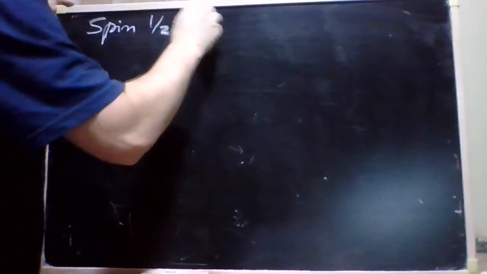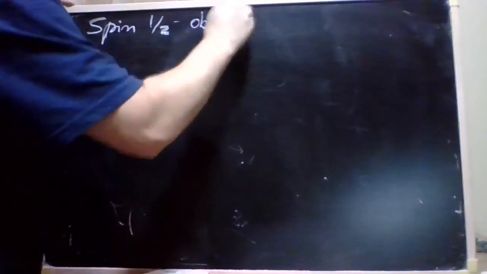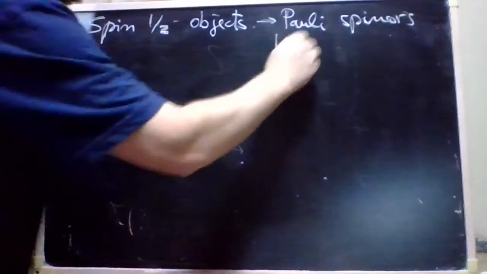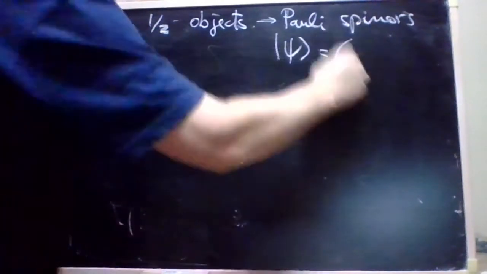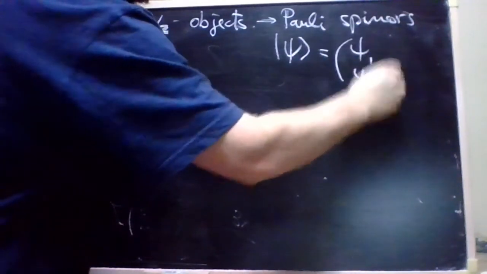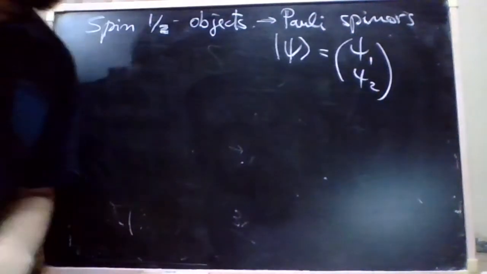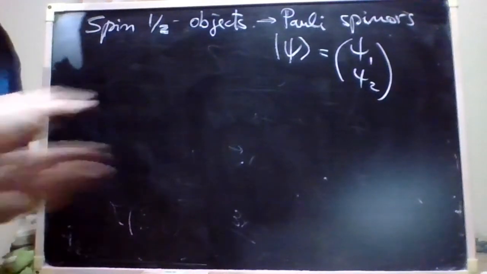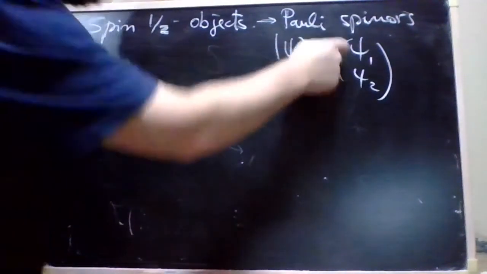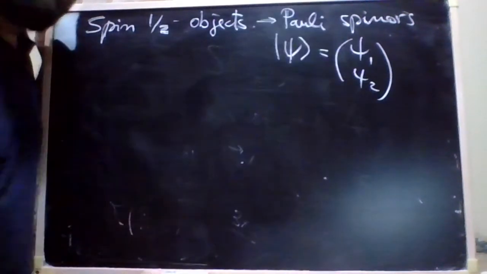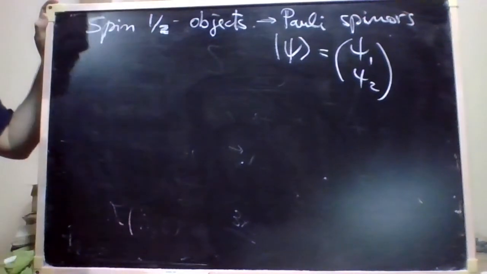Spin half objects, which in this case are called Pauli spinors, which have two complex components, can emulate rotations, do the same thing, but with two complex numbers in place of three component real vectors, all right?